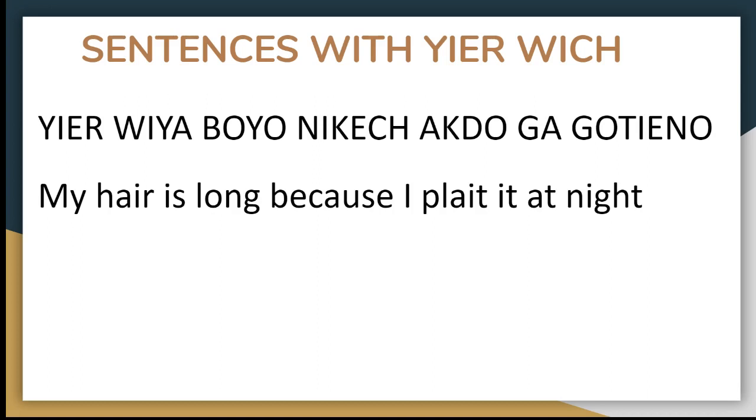Yier wiya boyo nikech akado ga gotieno. There's an A missing between the K and the D. Yier wiya boyo nikech akado ga gotieno. So if it's the other person, you say yier wiyi boyo, and the sentence remains the same.